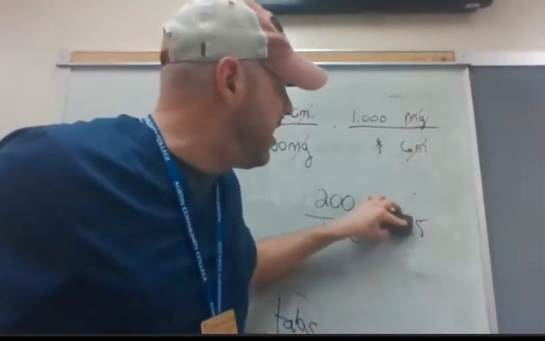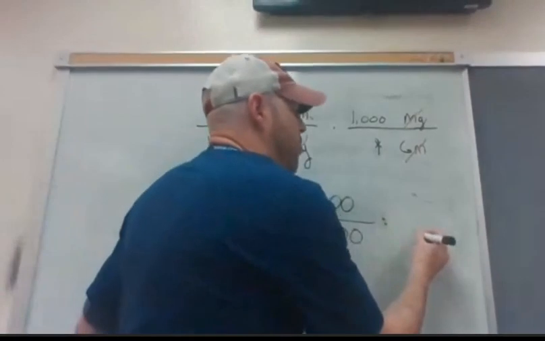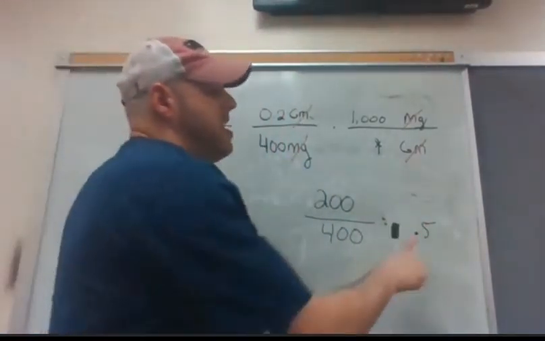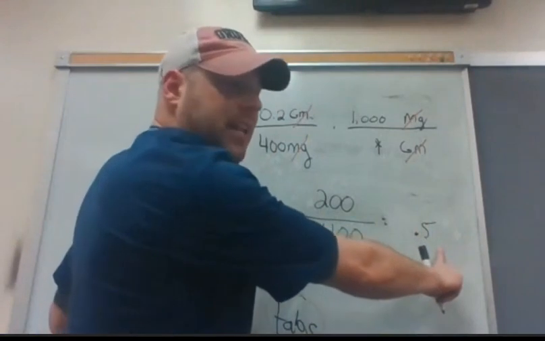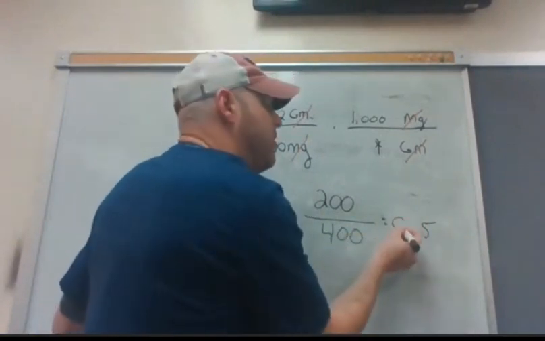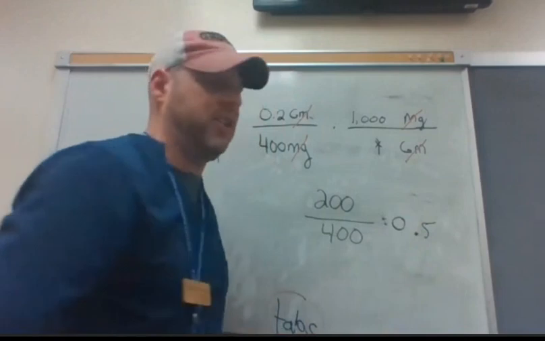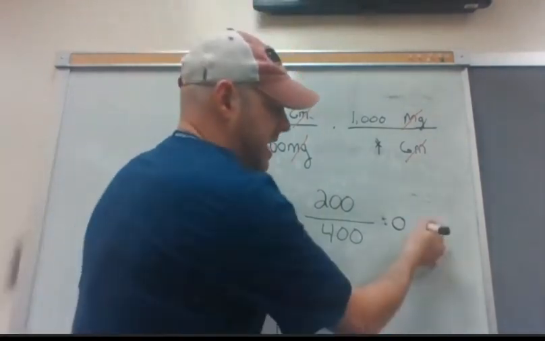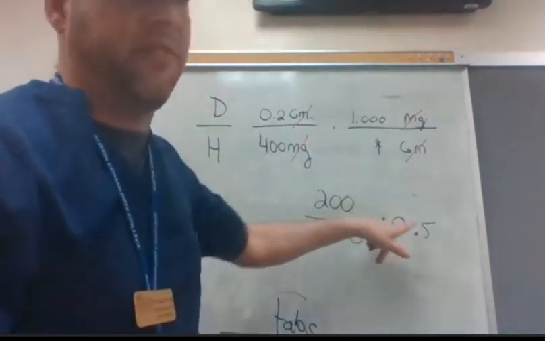Now, if your calculator only did 0.5, what are you going to do? You never, ever add a trailing 0, but you will put your leading 0 as the placeholder. Because what physicians do, you can't read their writing, and their decimal looks like a 1, and the nurse gives 15.